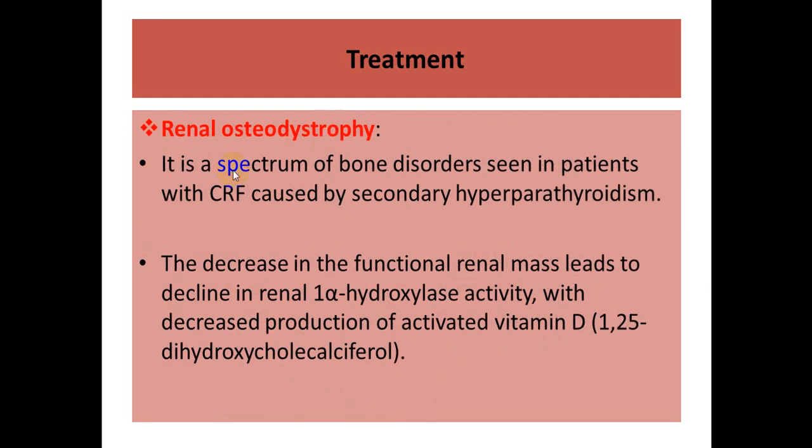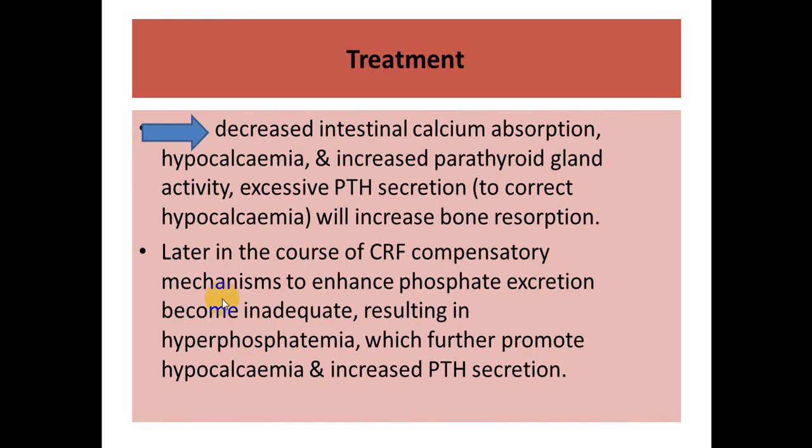Renal osteodystrophy is one of the spectrum of bone disorders seen in chronic renal failure. There is a decrease in functional renal mass due to the decline in 1-alpha hydroxylase activity and decreased production of 1,25-dihydroxycholecalciferol. This leads to decreased intestinal calcium absorption and hypocalcemia.